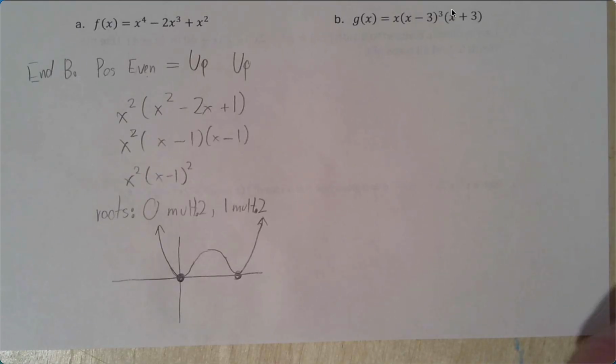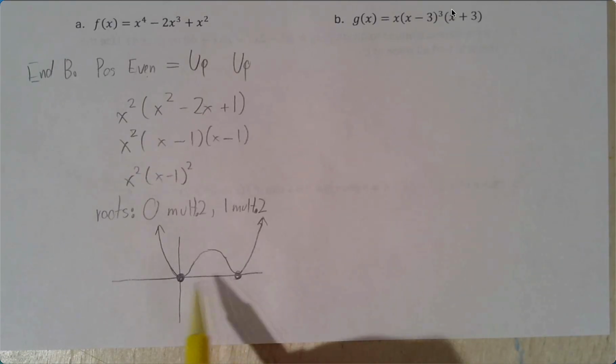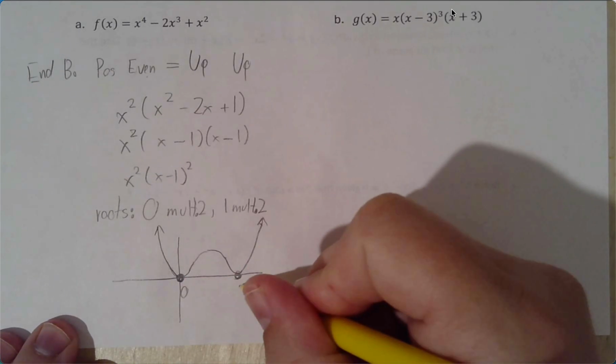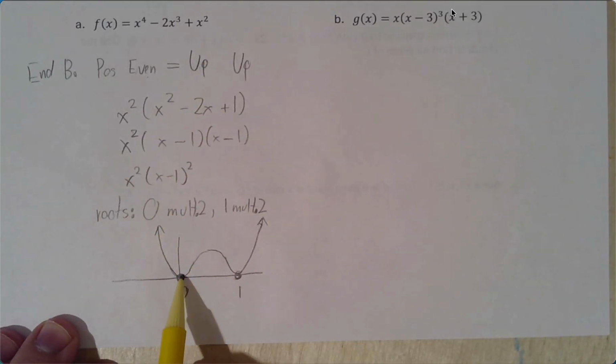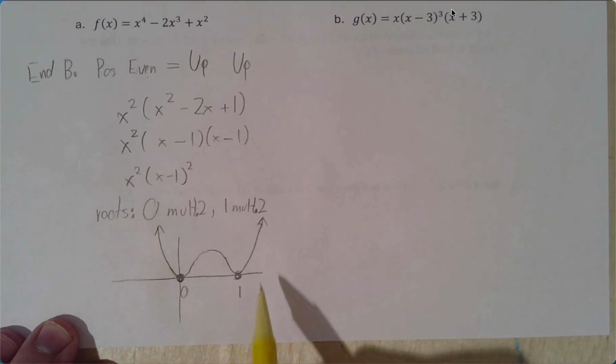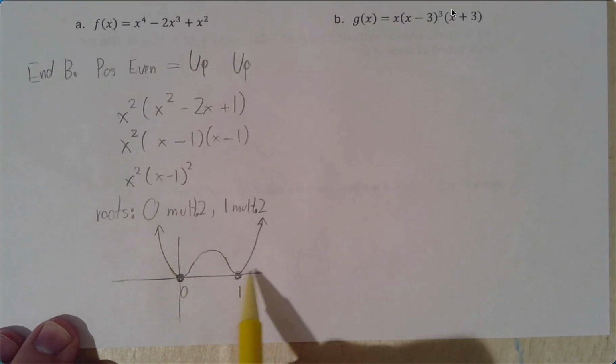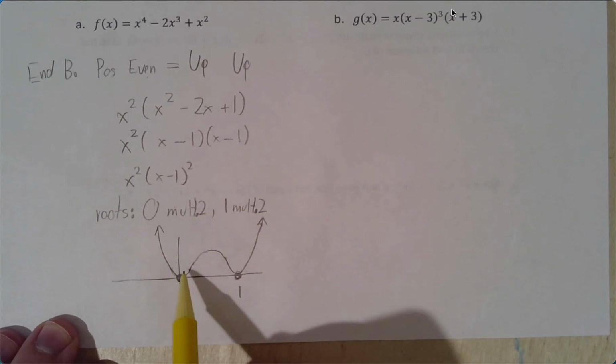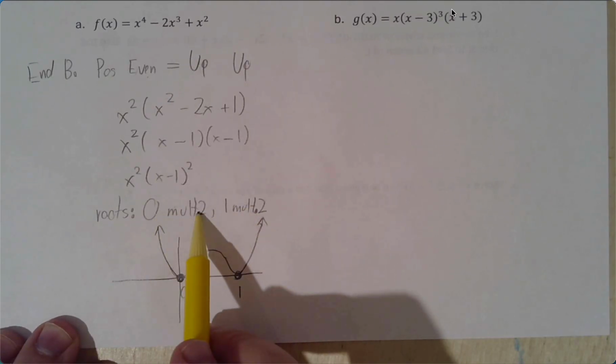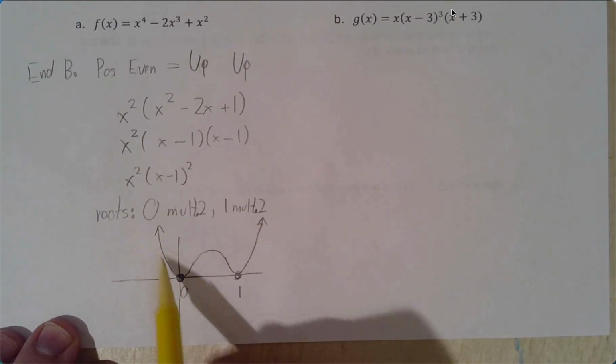Once again, how did we do that so quick? Well, I found my roots, 0 and 1. I looked at my end behavior and said, from my leftmost root, I will continue to go up. From my rightmost root, I will continue to go up. At my left and rightmost root, because there were only 2 of them, I will bounce off, or again, turn around at that root.